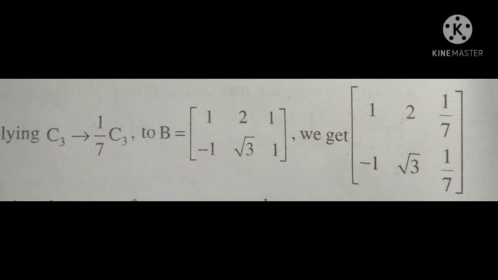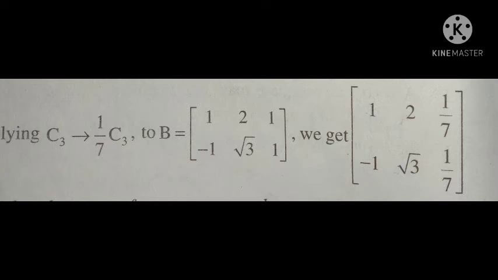That is, the third column is changed by a scalar multiplication. Here the scalar is 1 by 7. So the third column elements are changed to 1 by 7 into C3. Look at the new matrix. There is no change in the first two columns. The third column became 1 by 7, 1 by 7. So this is the second transformation.